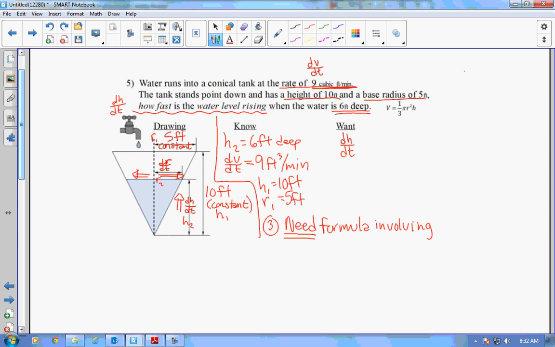Okay, so just take the tops, V and H, so volume and height, right? Volume and height of the cone. Do we have something like that? Yeah, we do. 1/3 pi r squared times H. Now here's where you have to be careful.